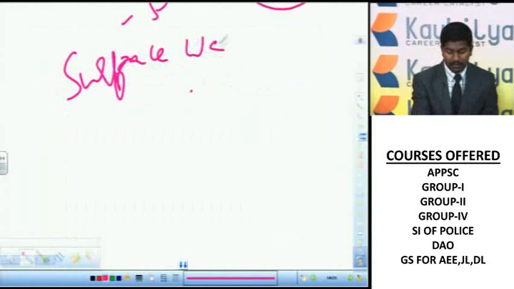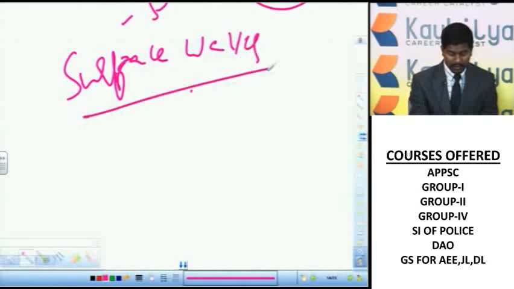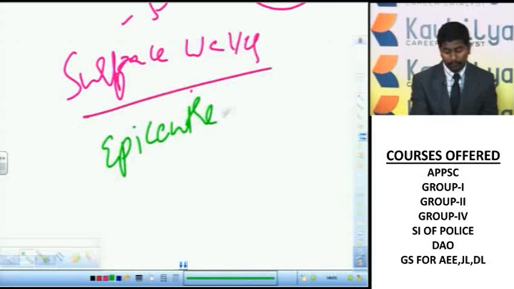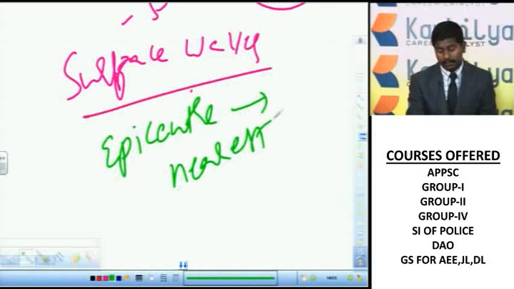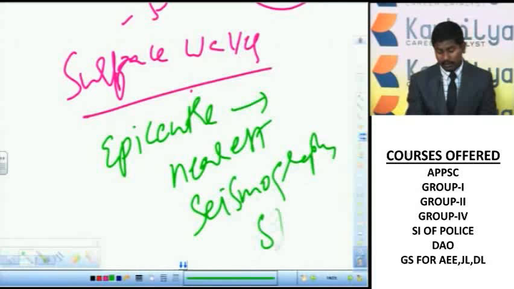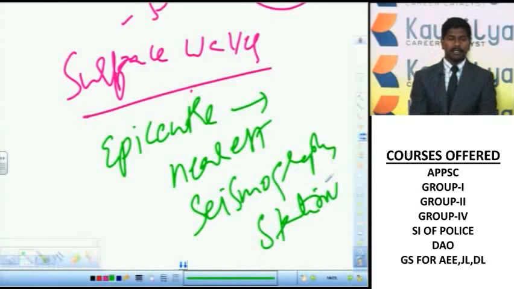These waves which move from the epicenter to the nearest seismograph station are called surface waves.